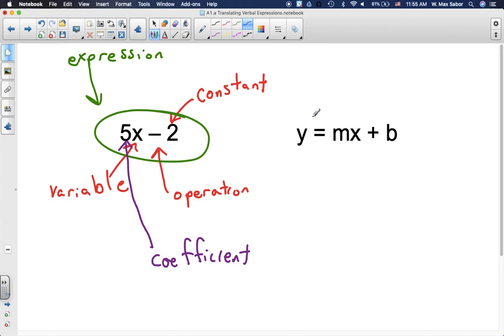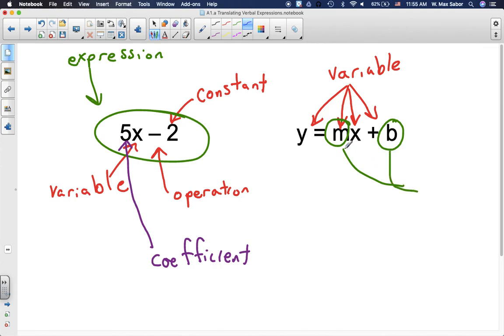In this one, we have 4 variables. y, m, x, and b are all variables. But if you've seen y equals mx plus b before, you know that usually we know what m and b are in y equals mx plus b. Those are called parameters because usually I will give you something like y equals 3x plus 2. When I say y equals 3x plus 2, we say, okay, we usually know what m and b are.